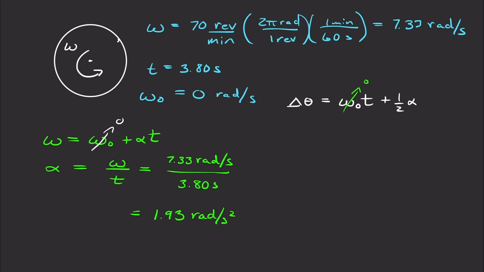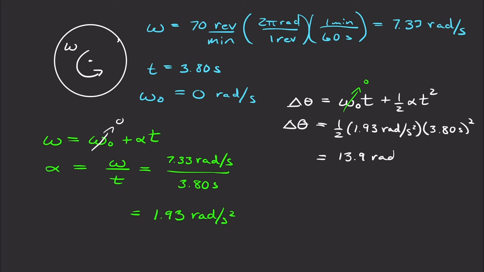So that goes away, and we just get delta theta is 1/2 alpha t squared. So if I plug in, I get 1/2 times alpha, 1.93 radians per second squared, times our time, 3.80 seconds, squared, and that equals 13.9 radians.